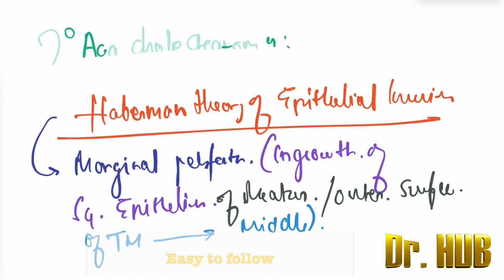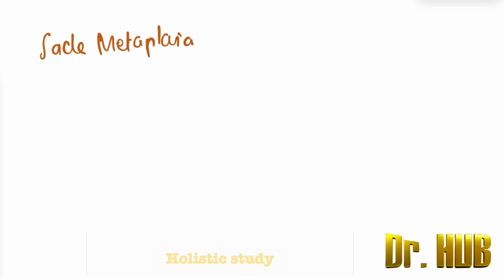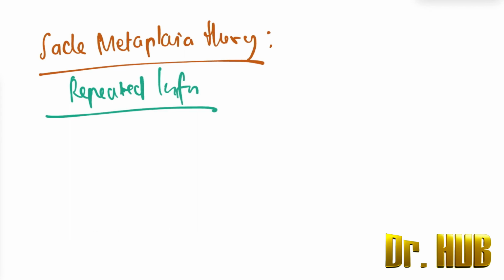Next we move on to Sade's metaplasia theory, which we already saw, with respect to the secondary acquired cholesteatoma. Under this, there are repeated infections, including ASOM as well as CSOM.